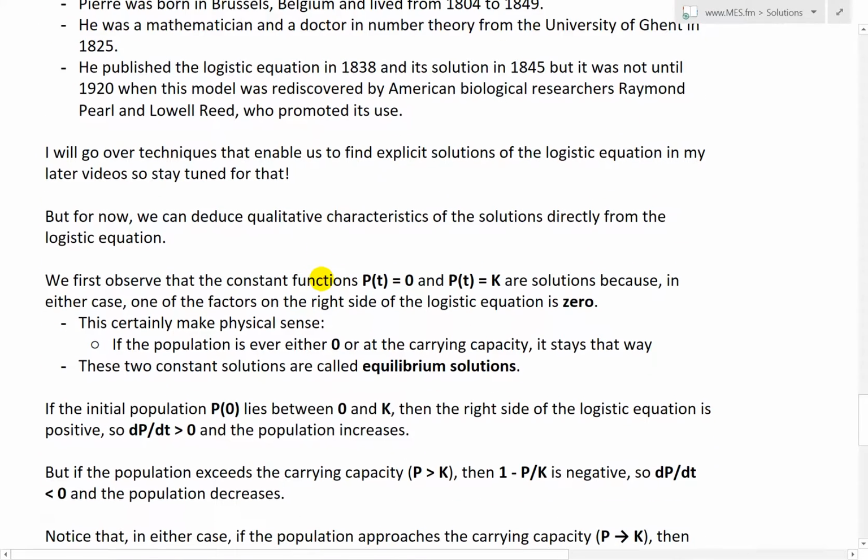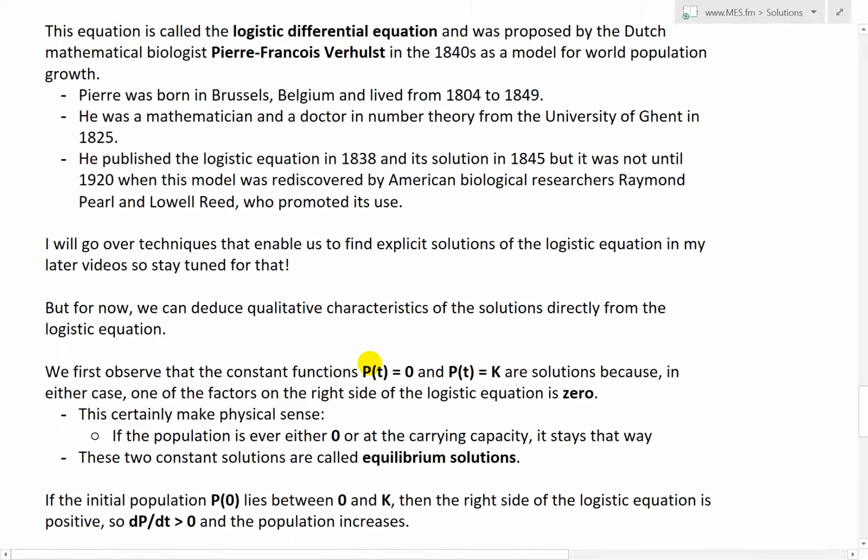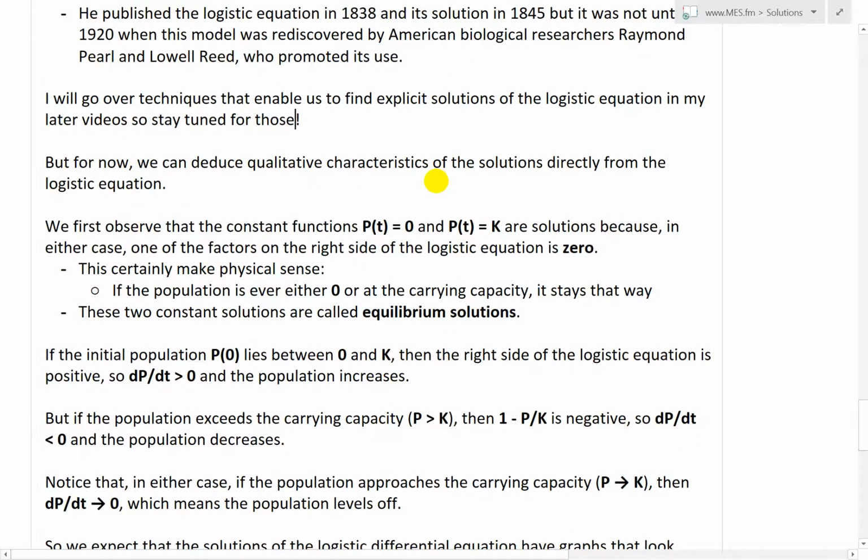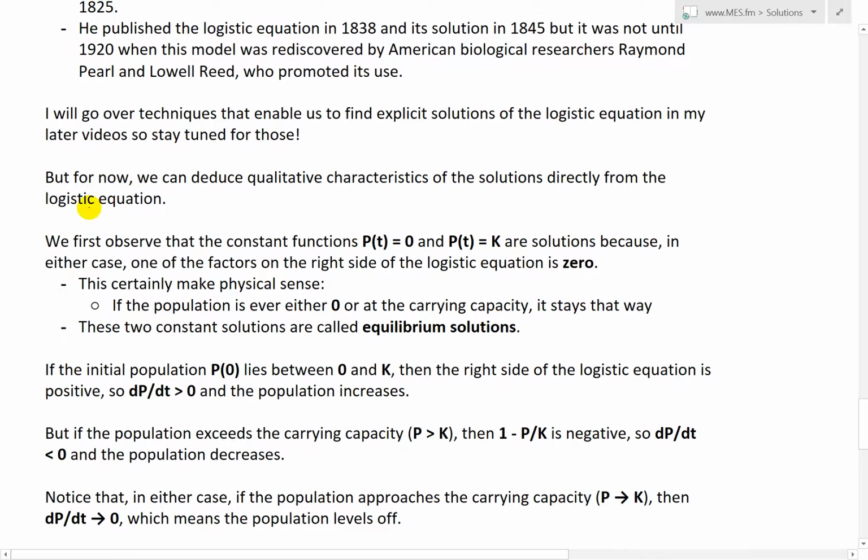So now, continuing further, I will go over techniques in later videos that enable us to find explicit solutions of this logistic equation. Again, in my later videos, so stay tuned for that. But for now, we can deduce qualitative characteristics of the solutions directly from the logistic differential equation.